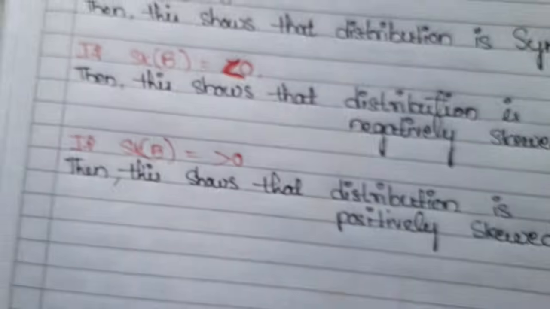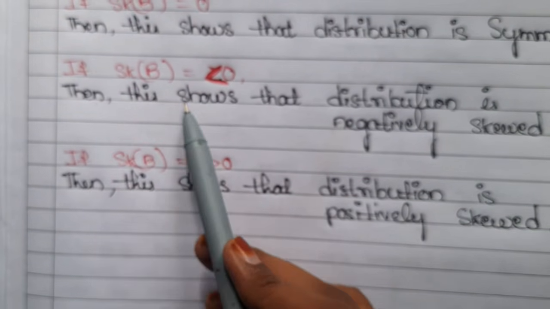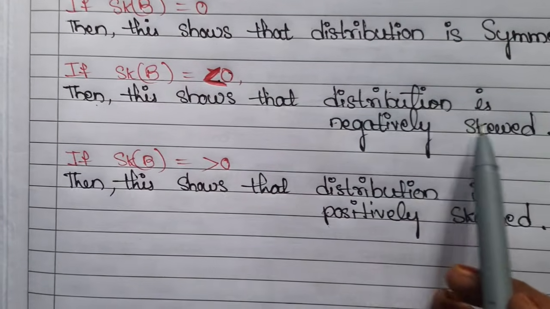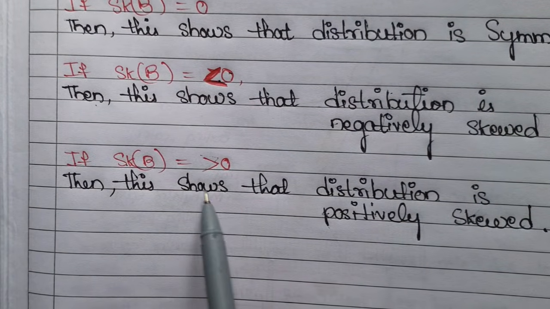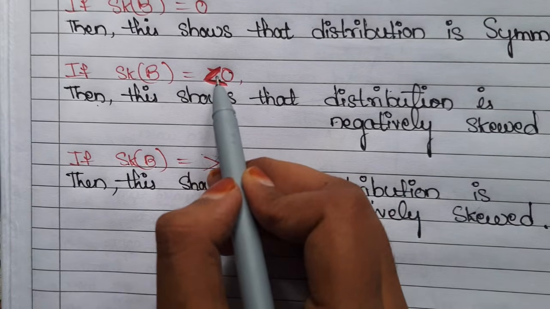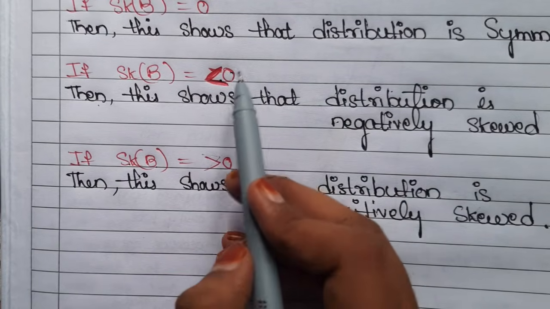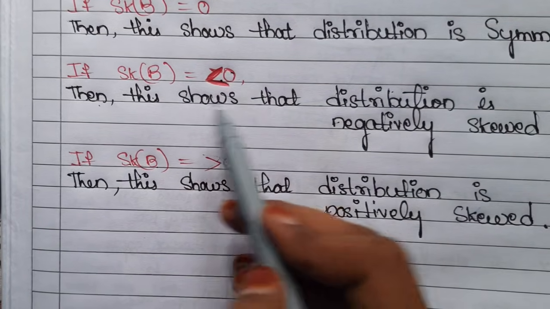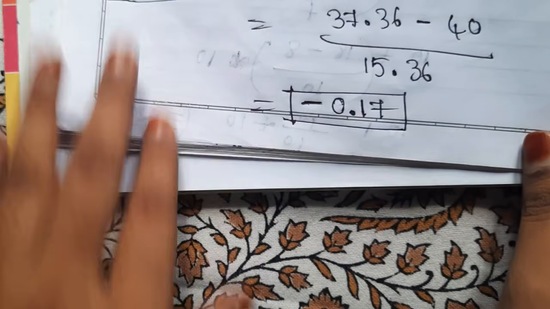But if it is less than 0, you have to write that the distribution is negatively skewed. If it is greater than 0, then you have to write that the distribution is positively skewed. So ours is less than 0, right? It is in the negative. So we have to write this shows the distribution is negatively skewed.